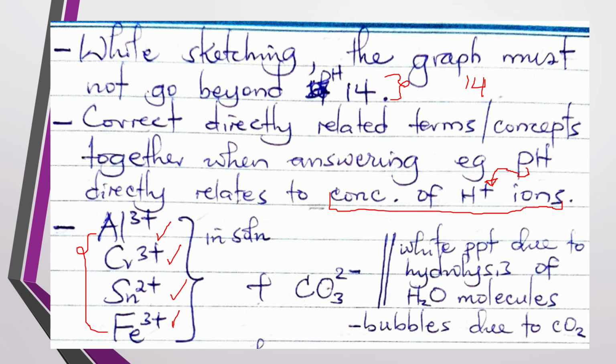So that's why we don't have nitrates of such cations. We don't have a nitrate of iron 3, chromium, aluminium, or tin.